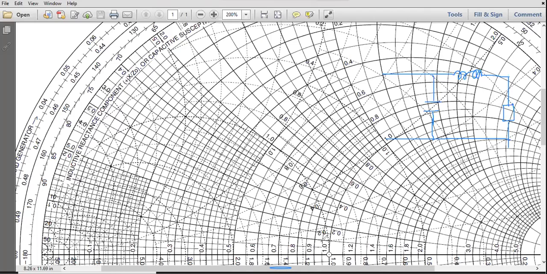What we did from here, we had drawn this 1 plus JBC circle, and this was here, 2. So it was somewhere here. Okay. So here this point we got 2.